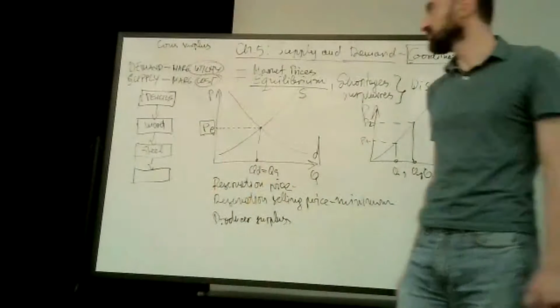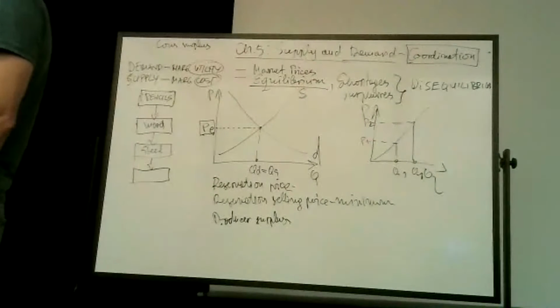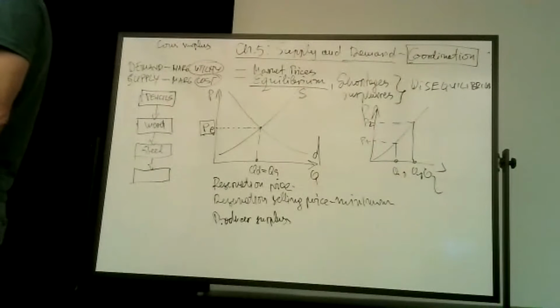Okay, so you see now the concepts of consumer surplus and producer surplus are differences between the reservation prices of buyers and sellers and the existing equilibrium market price.